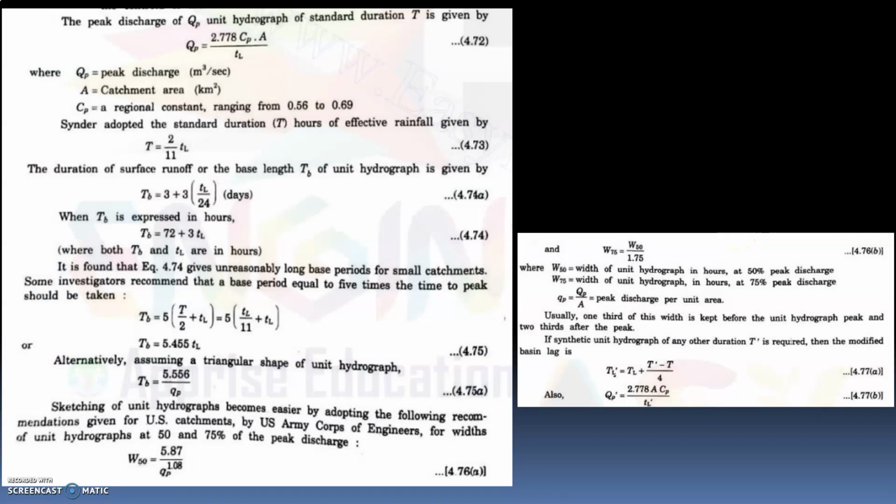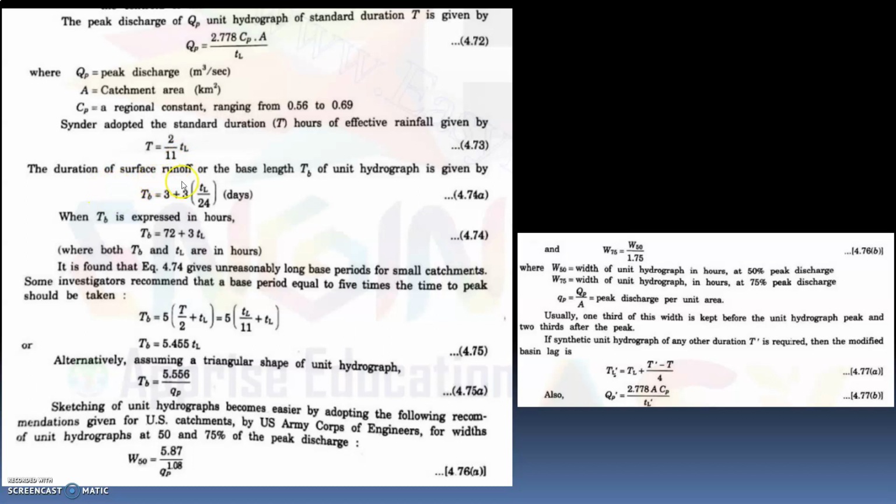The peak discharge QP of a unit hydrograph of standard duration T is given by QP is equal to 2.778 Cp into A divided by TL, where QP is peak discharge in meter cube per second, A is catchment area in kilometer square, and Cp is a regional constant ranging from 0.56 to 0.69. Snyder adopted the standard duration T hours of effective rainfall, given by T is equal to TL divided by 5.5. These are all his assumptions, and he derived them based on his studies.